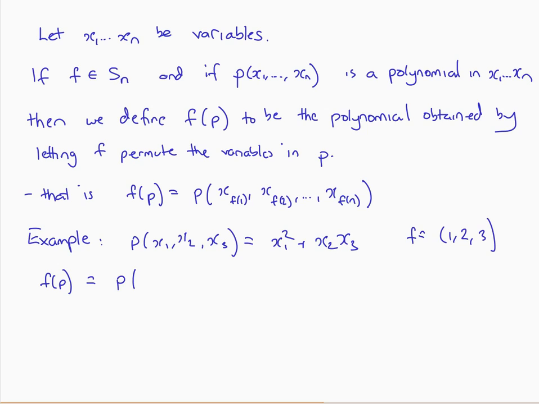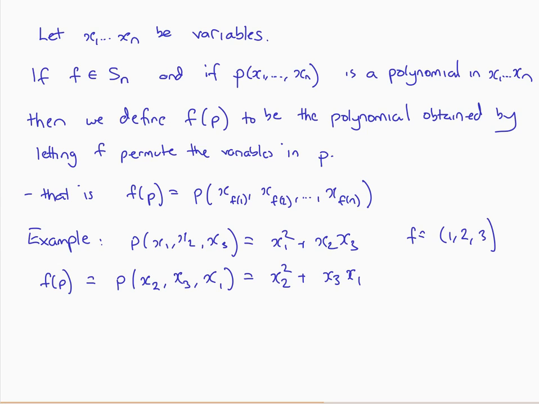Instead of x1 I have to put x2, and instead of x2 I have to put x3, and instead of x3 I have to put x1. So what is that? We take the first variable and square it, x2 squared, and then we take the product of the remaining two variables, so x3 x1, like this. So for each polynomial p and each permutation f, we get a new polynomial f of p.